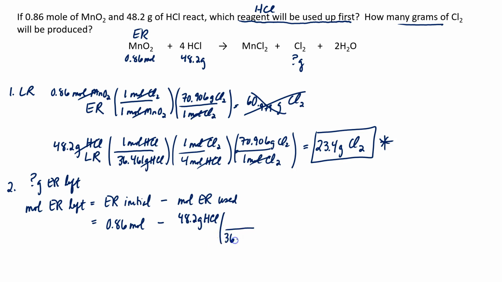For every 36.461 grams of HCl, that's 1 mole of HCl. And now use your balanced equation. For every 4 moles of HCl, 1 mole of manganese(IV) oxide was used.